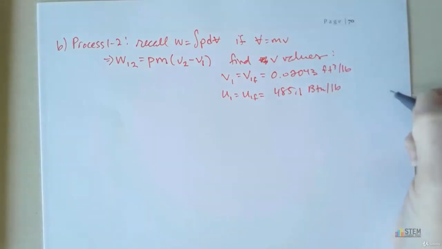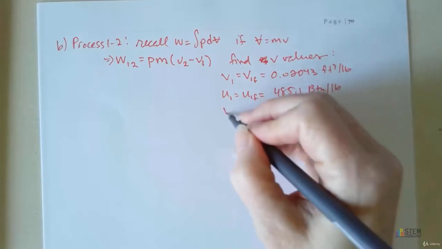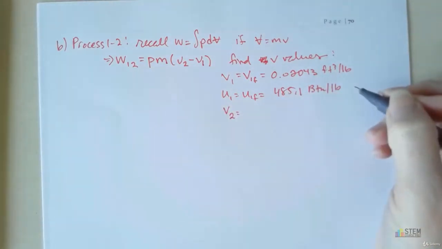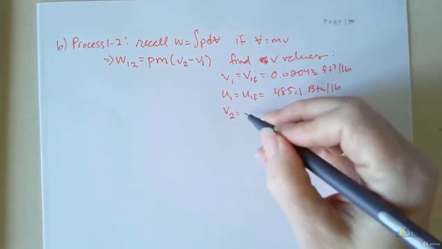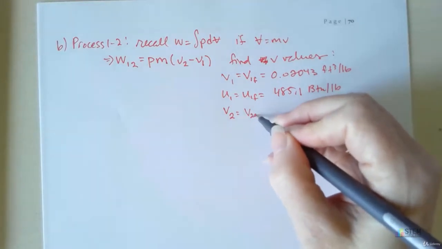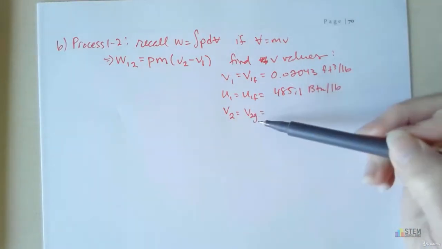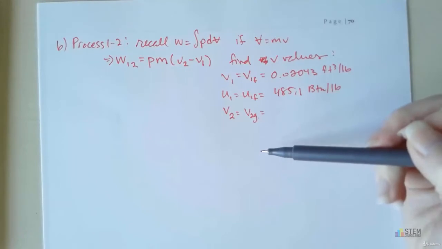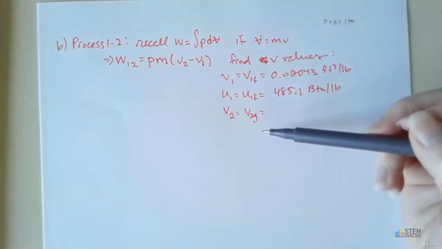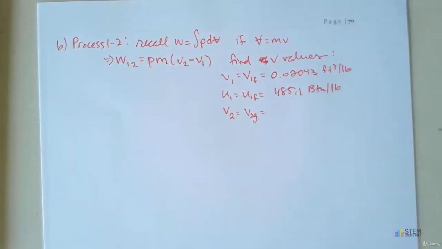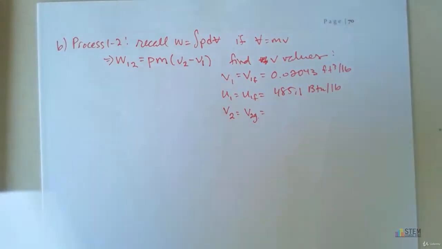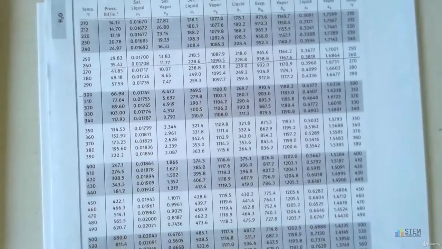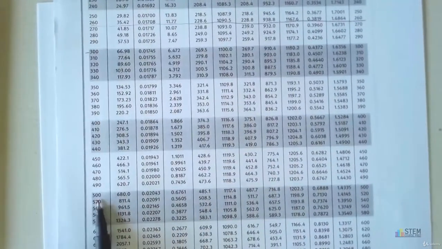Now we do the same thing for v2. Now v2, remember we had saturated vapor. That means we're going to look at the saturated vapor value for a specific volume, and you're going to go to your temperature, which is going to be 100. Actually, not 100, sorry about that. It's still going to be 500. So now, here's 500.